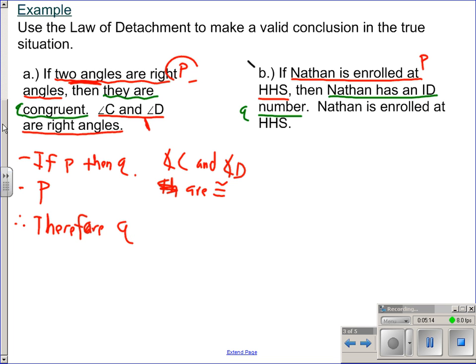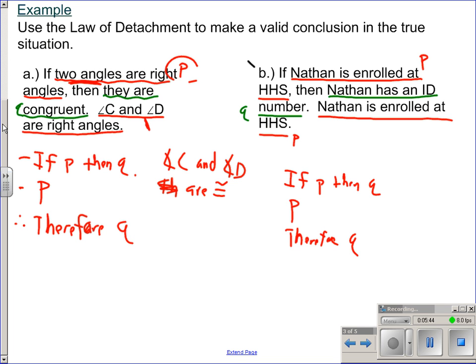We are then making a specific statement, going back to the hypothesis P. So our argument takes on that form: if P, then Q. We make a statement P. If those things are true, our conclusion is, therefore Q. So in this example, if Nathan is enrolled at Heartland High School, then Nathan has an ID number.